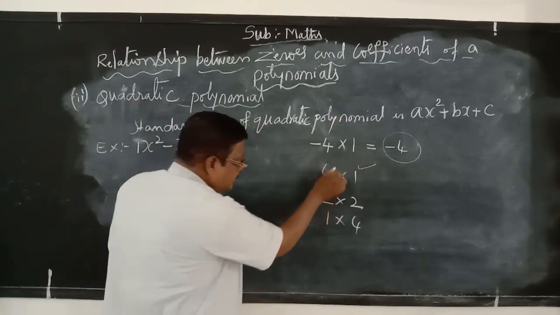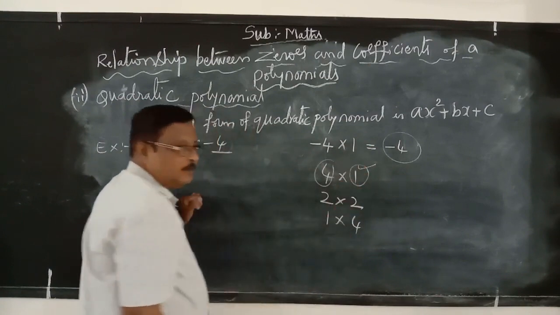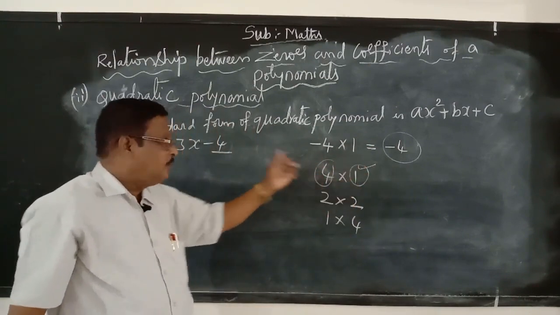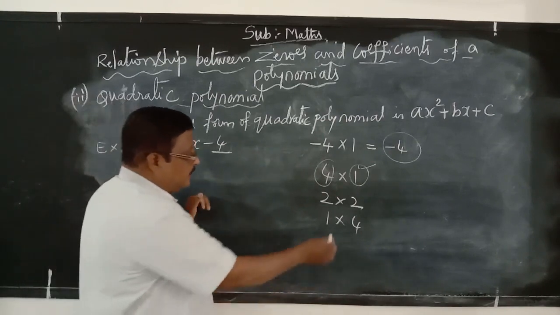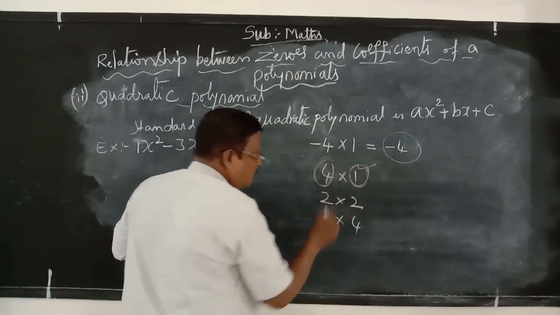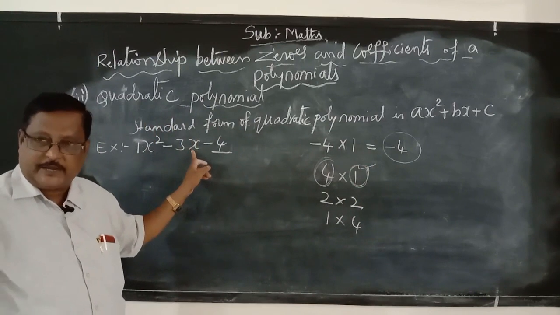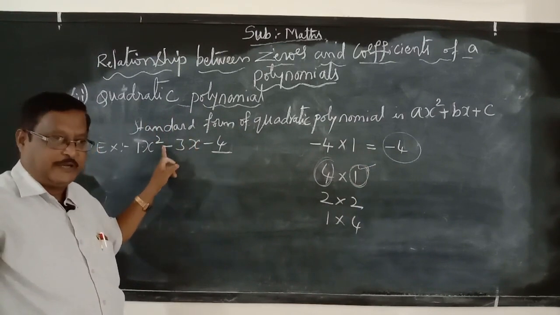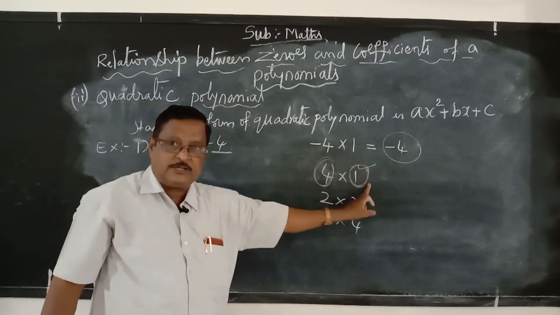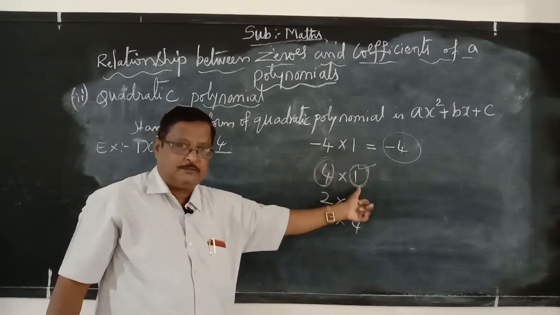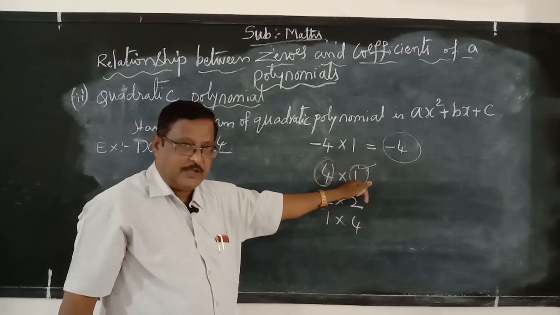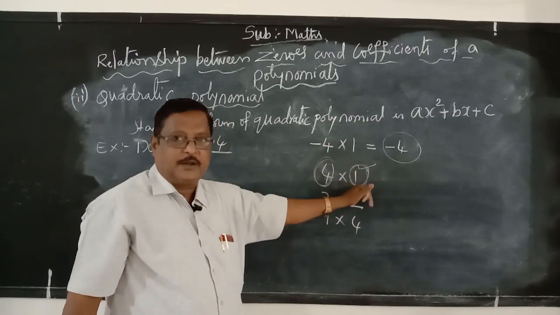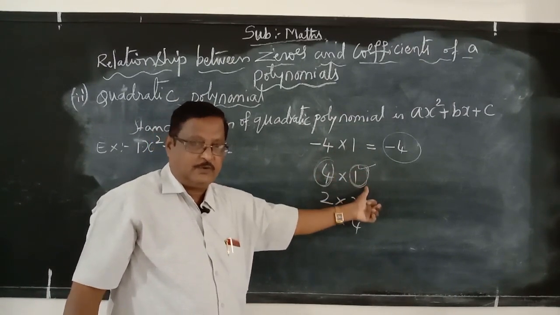When you add these two numbers, the sum should be equal to the middle term or x coefficient. Otherwise, take the difference between these two numbers, that is, subtract the smaller number from the bigger number. Otherwise, subtract one from the other.